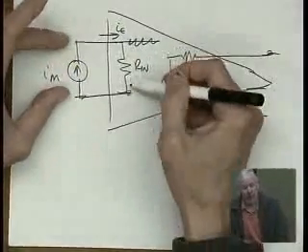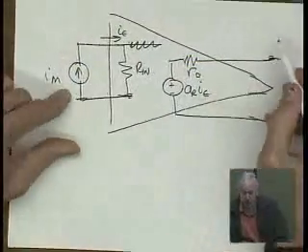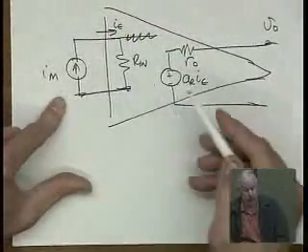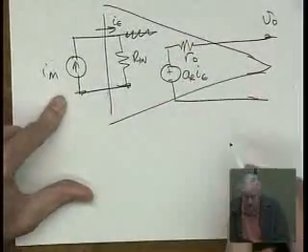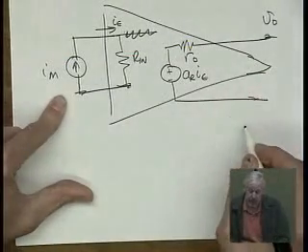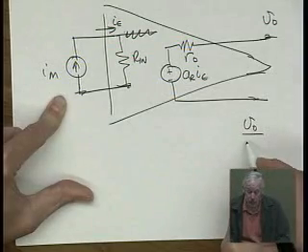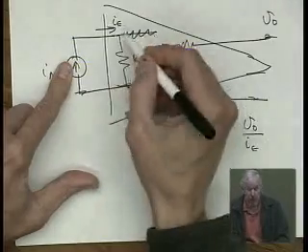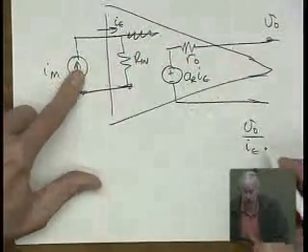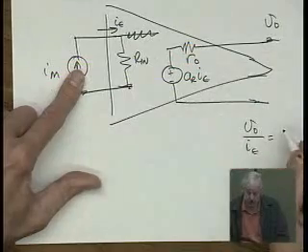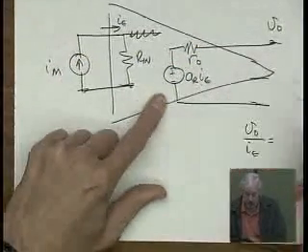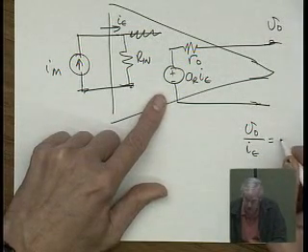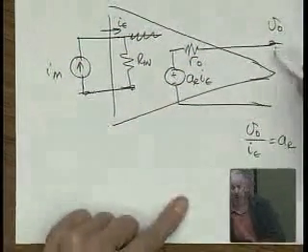So I have input resistance, here's my output resistance. Now notice I'm creating an output voltage from an input current. So in other words, we have V out over I error, which is the current going right into this, is equal to A R. This is open circuit.